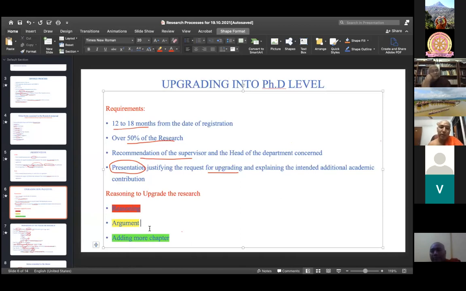That is a common way. Most of the senior PhD students suggest the junior students to omit one chapter. If you have to write 6 chapters, omit 1 chapter and mention only 5 chapters for the upgrade reason.